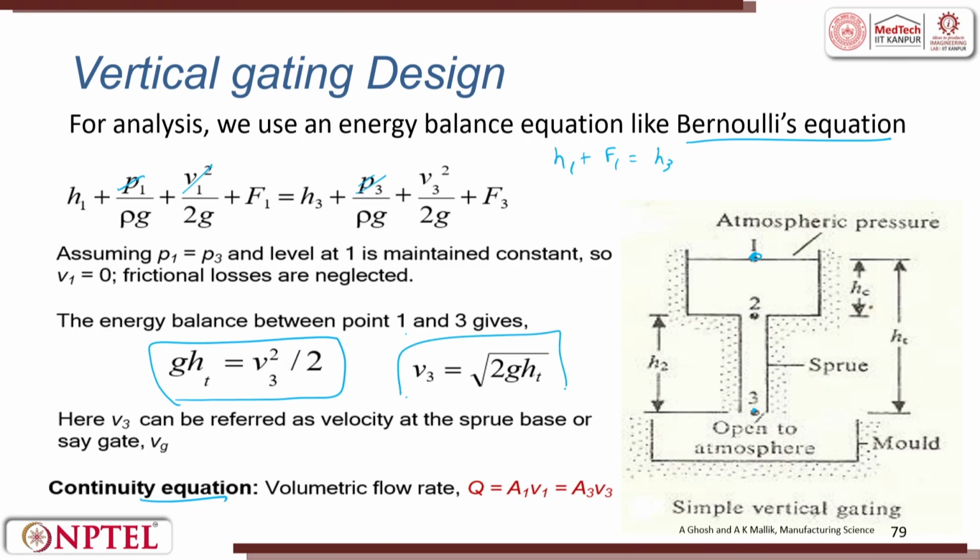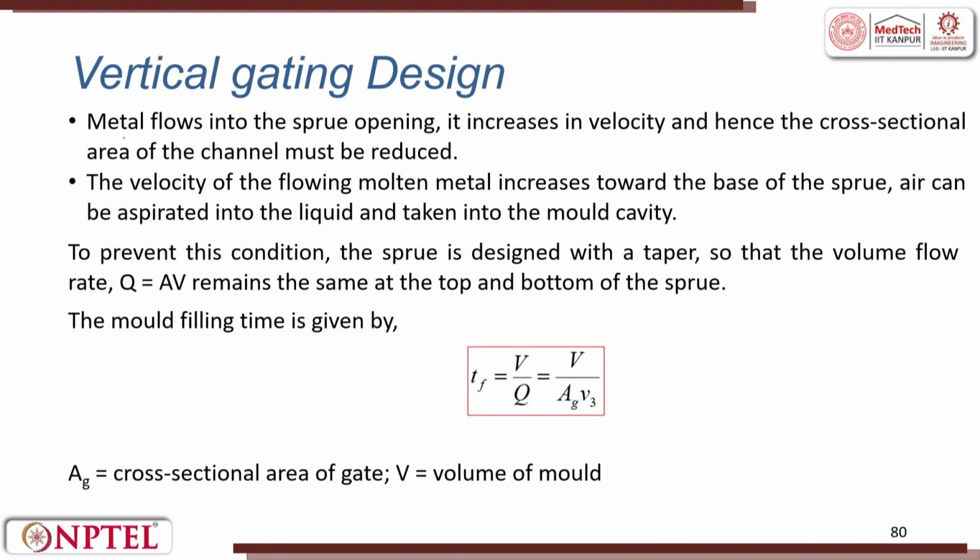So, velocity at the point 3 is going to be root 2 g H. Here V3 is referred to as the velocity of the sprue base, or the gating velocity Vg. The continuity equation Q will be A1 V1 equal to A3 V3. So, now substituting all, we get the mold filling time will be V by Ag into V3.